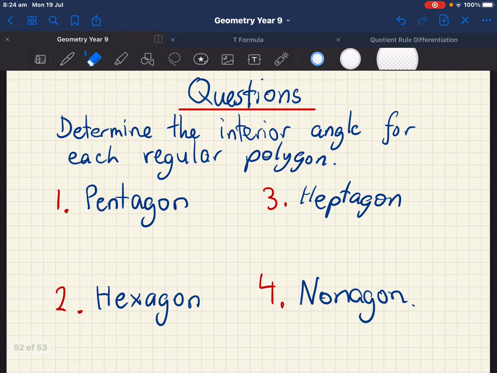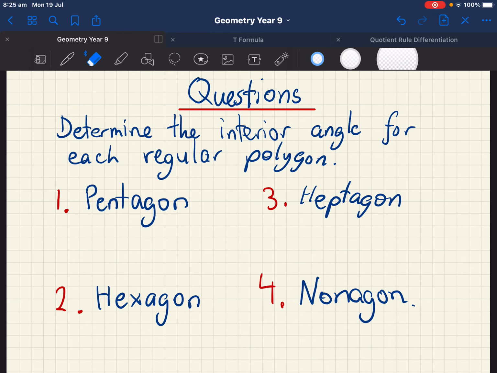All right, so your questions for this lesson, just like what we've been doing, I'm going to get you to find the interior angle for each of the following regular polygons. So we've got a pentagon, which has 5 sides, right? The hexagon, which has 6. The heptagon has 7. And the nonagon has 9 sides.